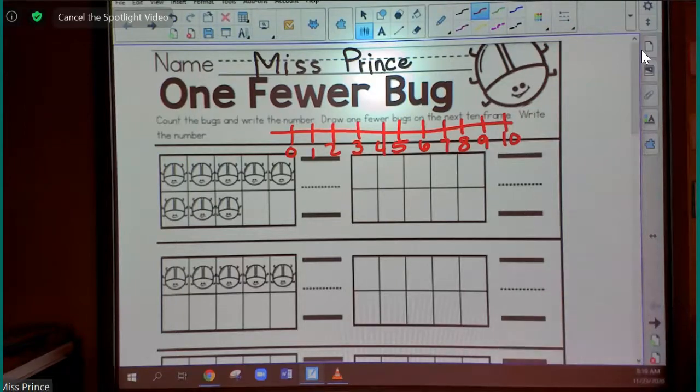We practice and practice writing our number line. It's super important that we know the order of numbers and that we can write them on that number line.